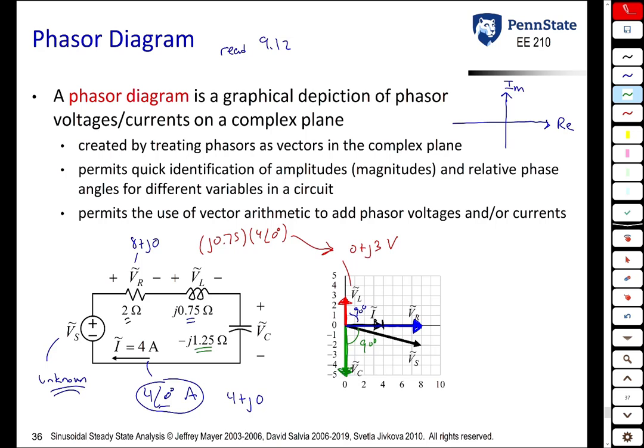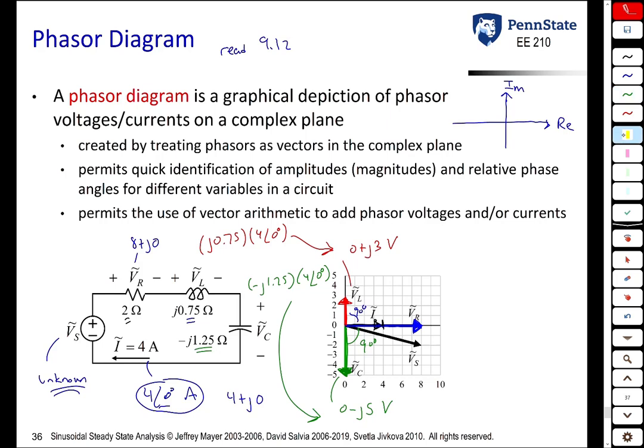So the voltage across the capacitor is 0 minus J5 volts. We could also get that by multiplying minus J 1.25, the impedance, times the current. That's going to give us the voltage.